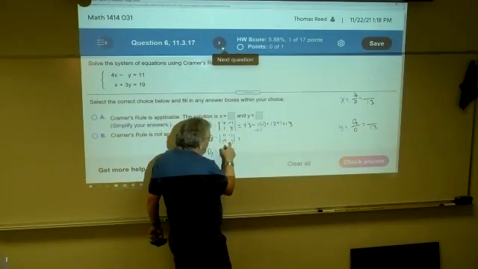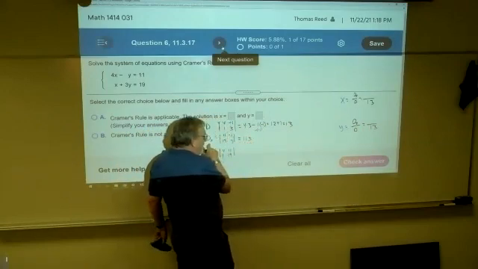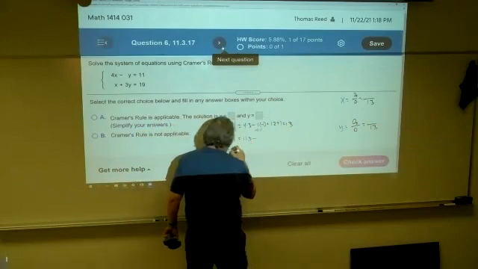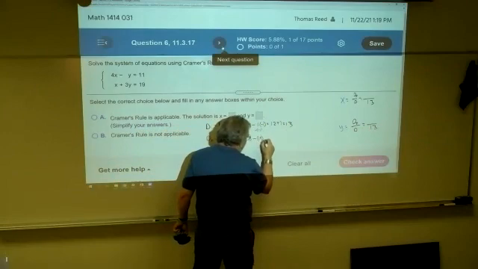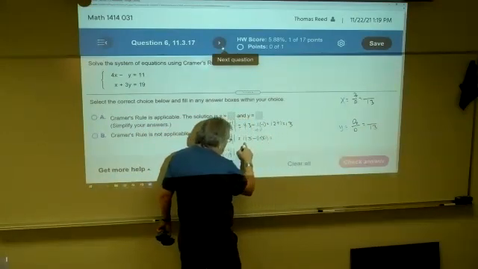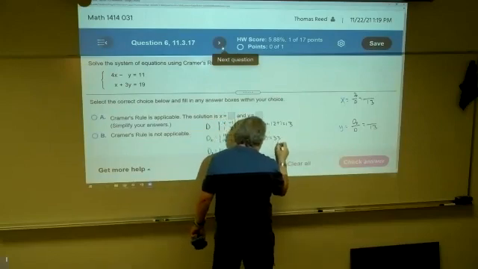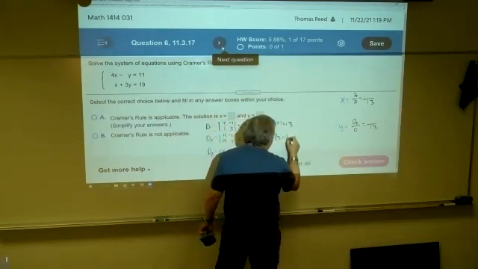So now I do 11 times 3, because I want to find D sub X. And that's going to be minus 19 times negative 1. This gives me 33. And this gives me a negative 19, which becomes plus 19.